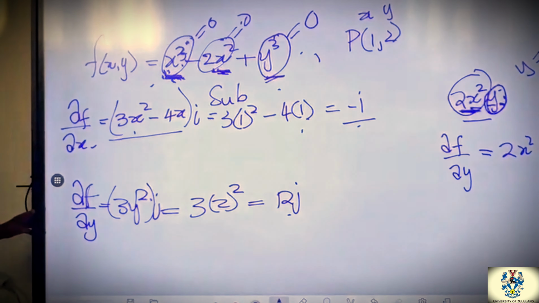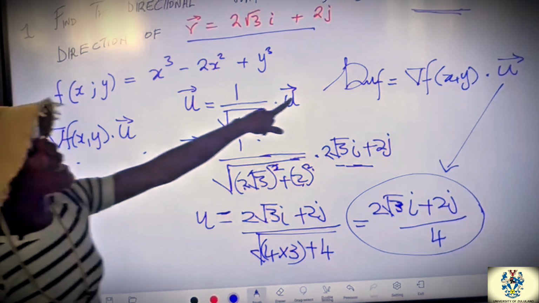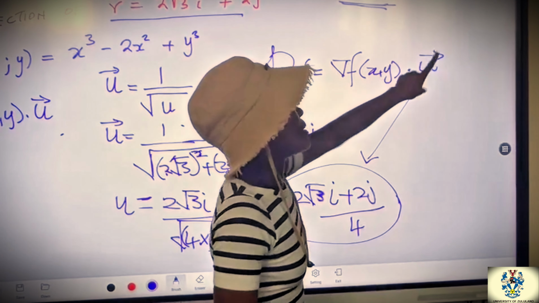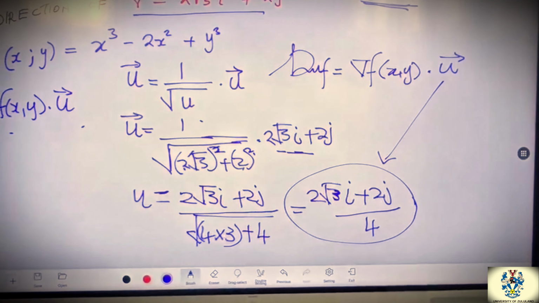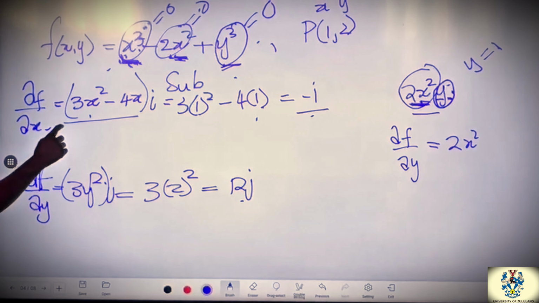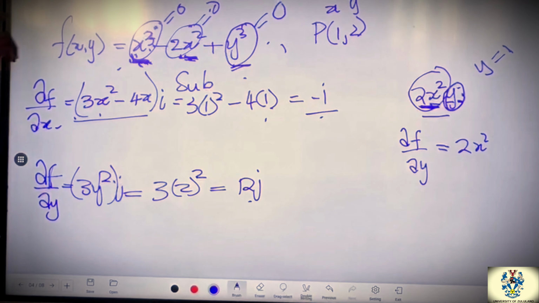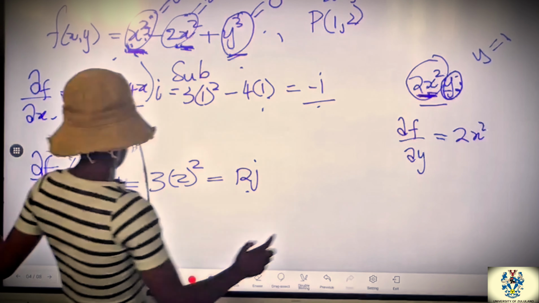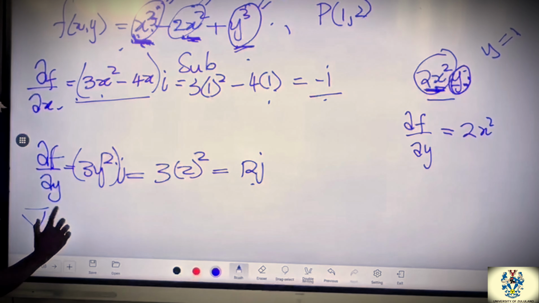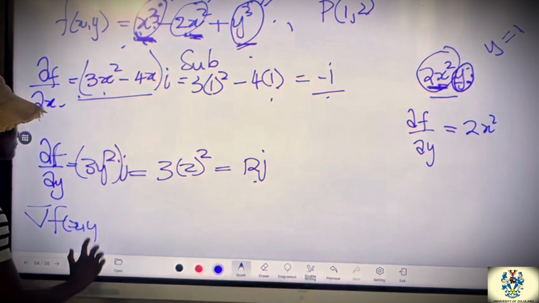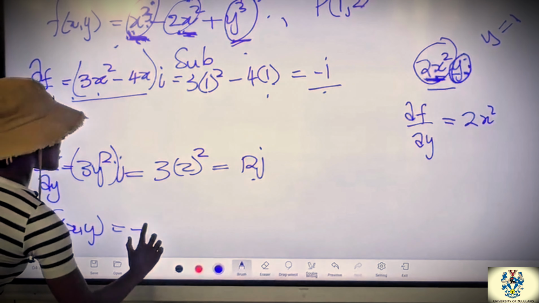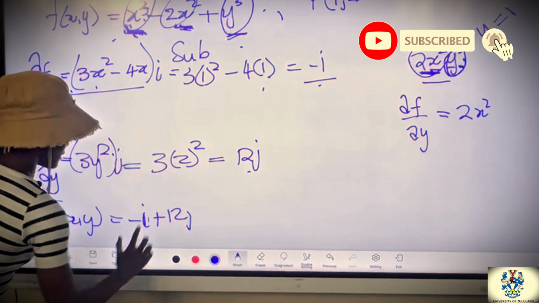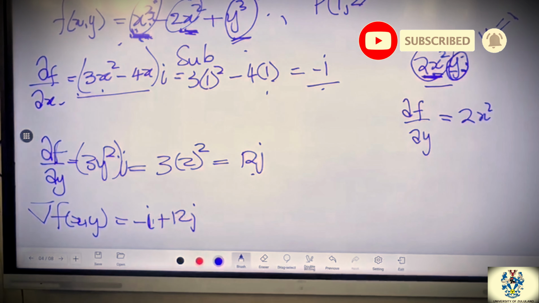We said our directional derivative is our gradient multiplied by the unit vector, and the gradient is the sum of our partial derivatives. So our gradient here is negative i plus 12j.